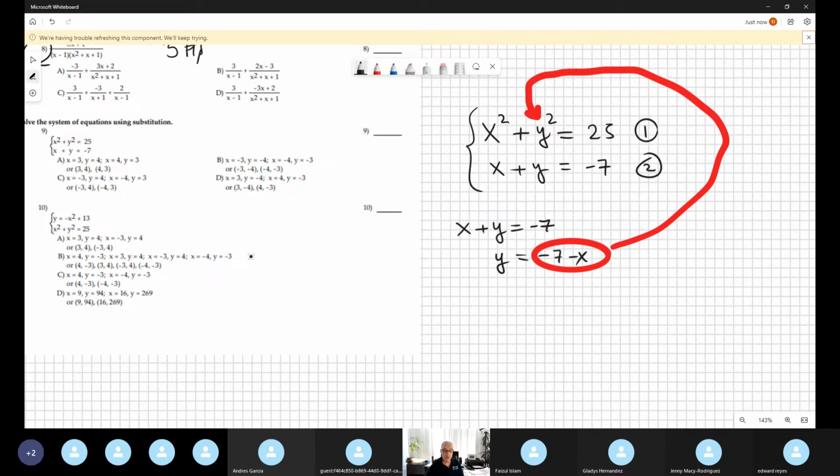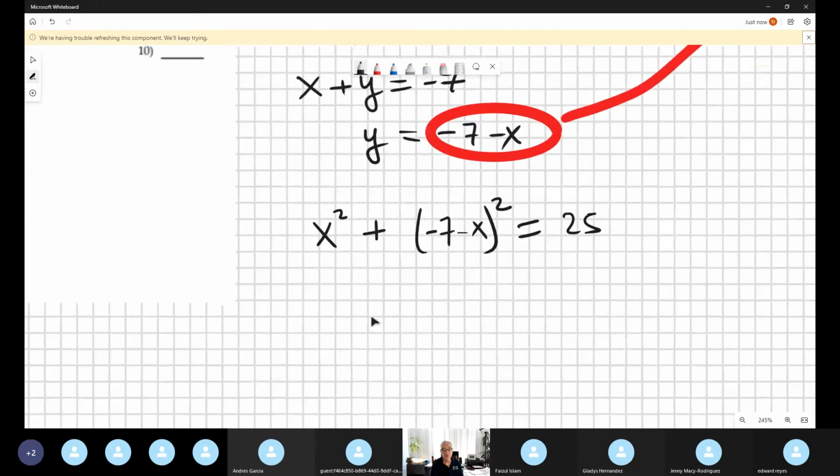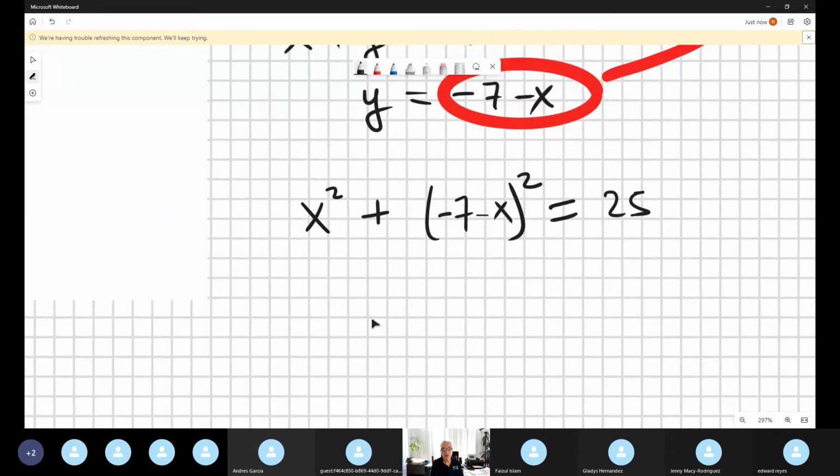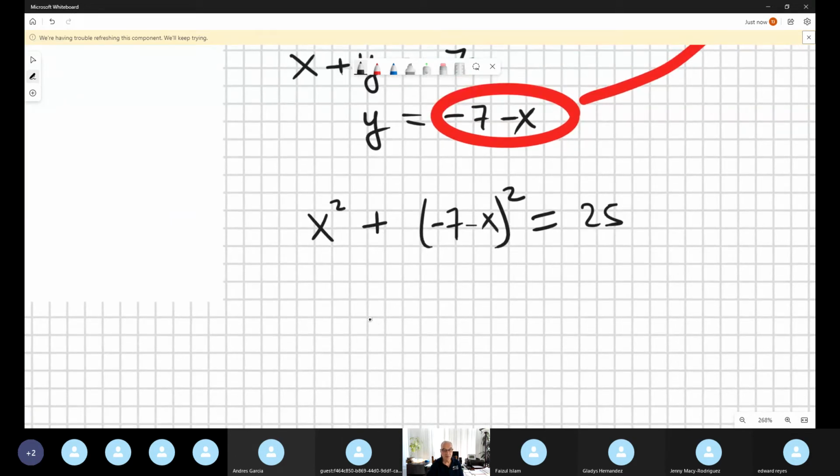Okay, so now my equation is x squared, I copy x squared, plus, no y anymore, -7 minus x squared equals 25. We focus on the solution of this equation. Remember the quick foil.